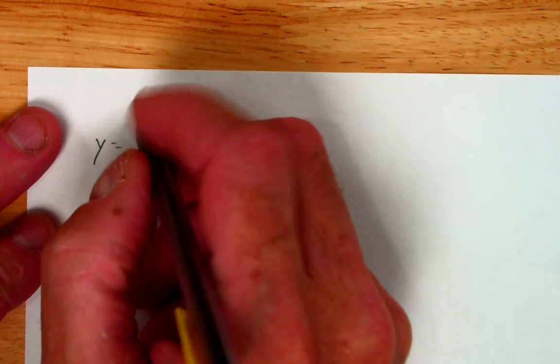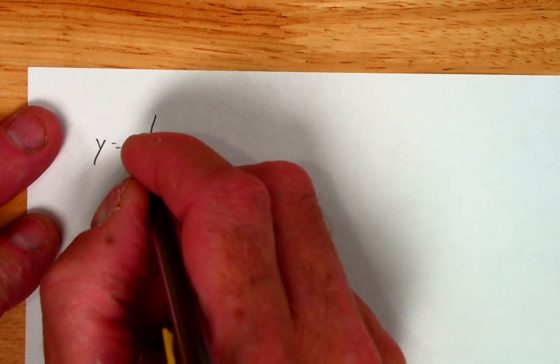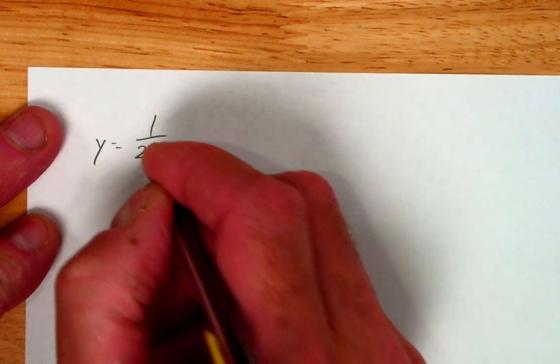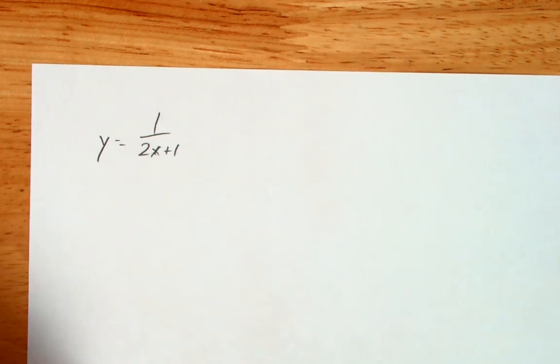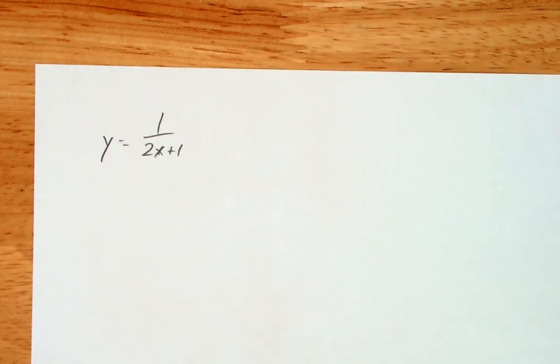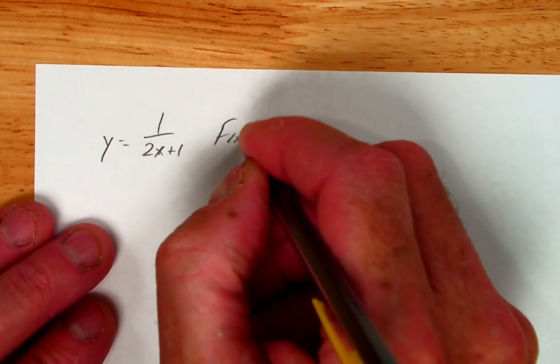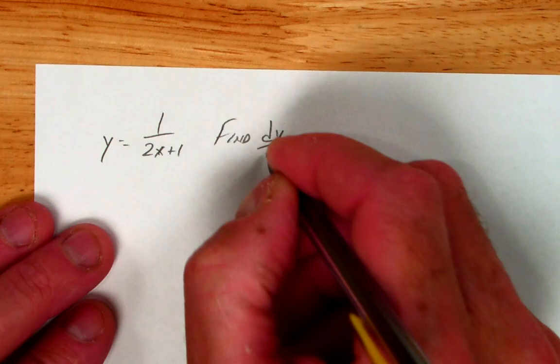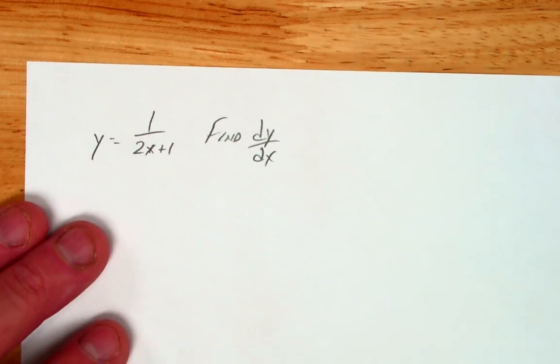Okay. So now let's do an example. I don't know how much time we'll have, so I'm going to get right to a funky one. y is equal to, let's just do 1 over 2x plus 1. My goal here is to do two things. I want to find this derivative, so find dy/dx.